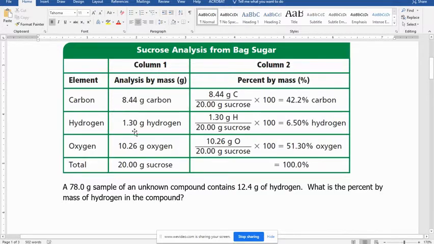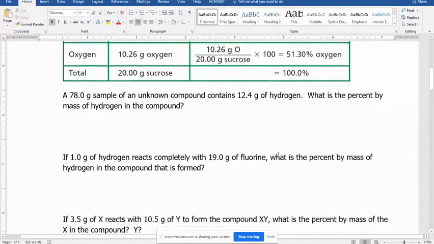So here they analyzed it. They determined that 8.44 grams of carbon were in there. They had 1.3 grams of hydrogen and 10.26 grams of oxygen. And they added all of these up to get the whole, and then they took each part and divided it by that whole and then multiplied by 100. So you can see here the math involved with that.